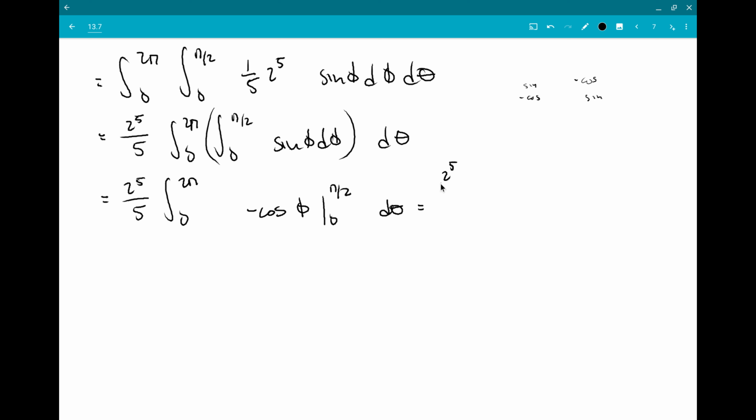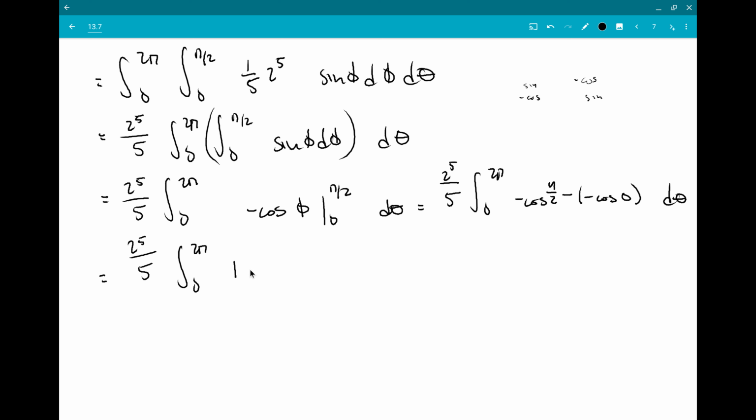So that becomes the integral from 0 to 2 pi of minus cosine pi over 2 minus minus cosine 0, d theta. So I know cosine 0 is 1, so minus becomes plus 1. 1 minus cosine pi over 2.